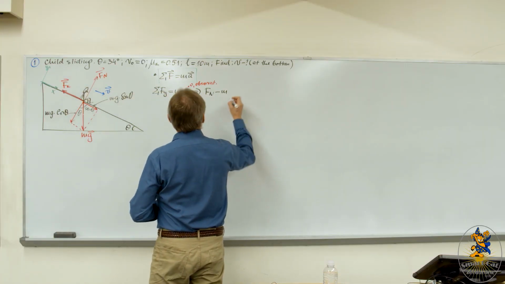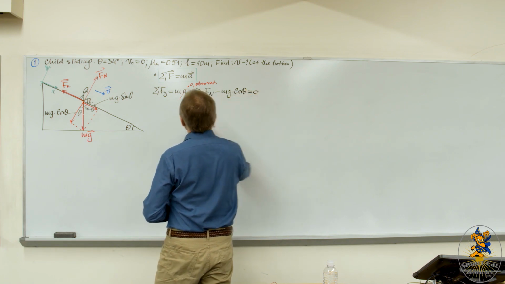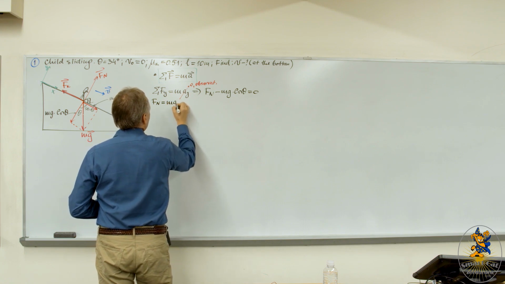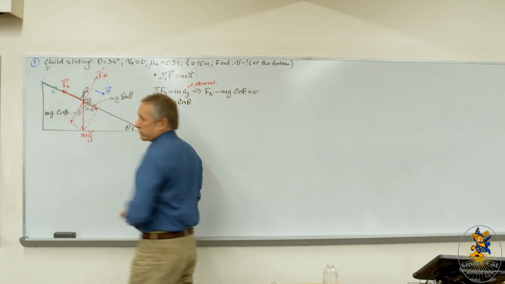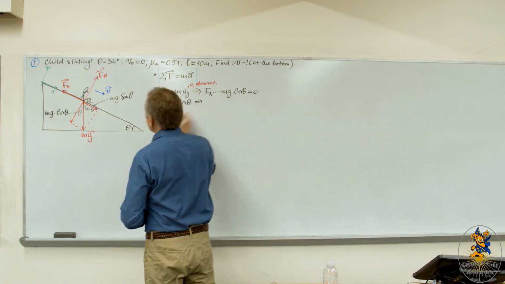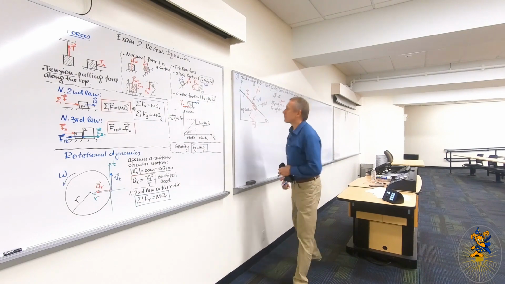So mg times cosine theta equals to 0. Of course, from here we'll get normal force, mg cosine theta, of course, we've done it many times. And now, as a result, immediately I should be able to find the expression for the kinetic friction.